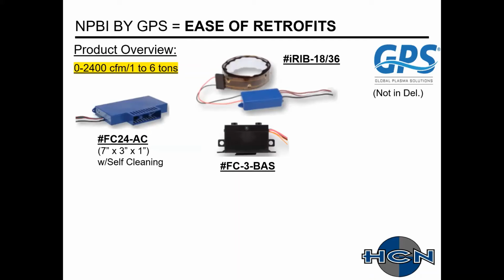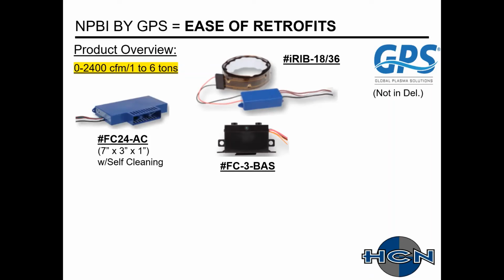So going through their product overview from small to large, from 0 to 2400 CFM, you have the IRRIB, which is similar to a belt, like would be installed at a PTAC type of unit. You have two small generators, FC24 and the FC3. The FC24 also has a self-cleaning device, with wipers that clean the conductor periodically.